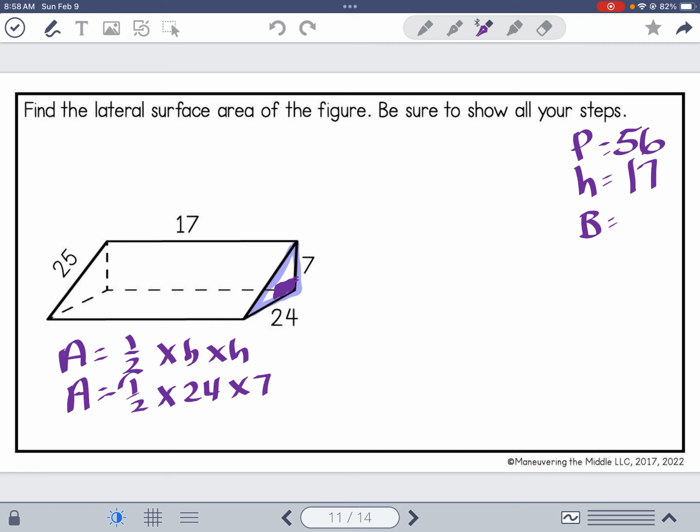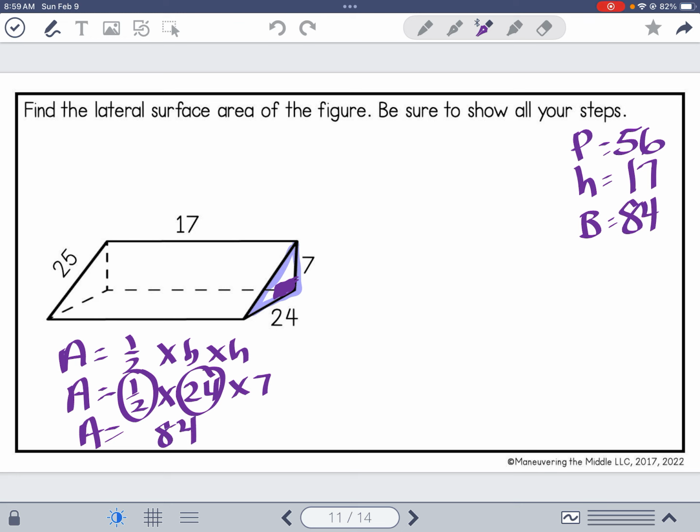You can put it straight in your calculator. Half of 24 is 12. And 12 times 7 is, I can't even do that in my head. Is it 84? Yep, 84.